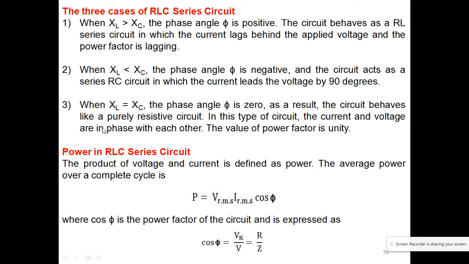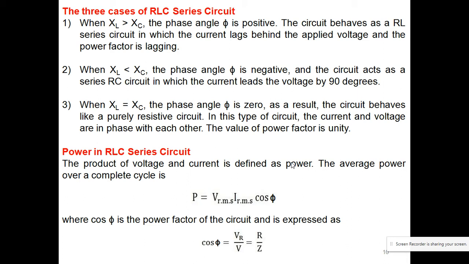Okay, and if XL equals XC, it means the phase difference angle becomes zero. This is the case which we call a purely resistive circuit. In this circuit, the current and voltage are both in phase with each other, and the value of the power factor is equal to 1, because the power factor is nothing but R upon Z, and in this case Z equals R, so the power factor becomes equal to 1.